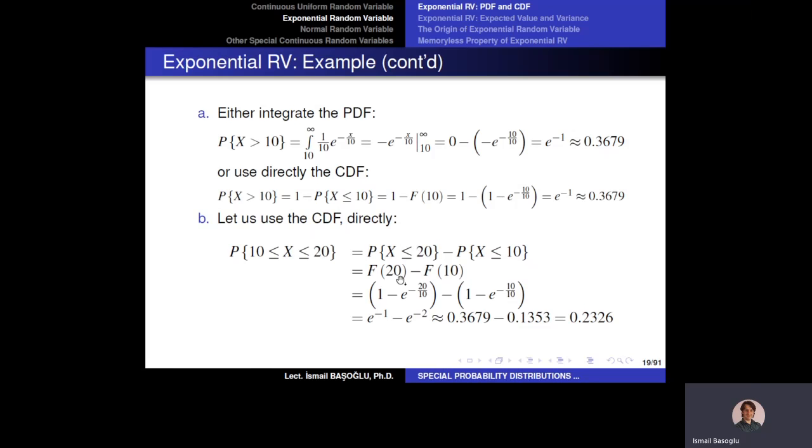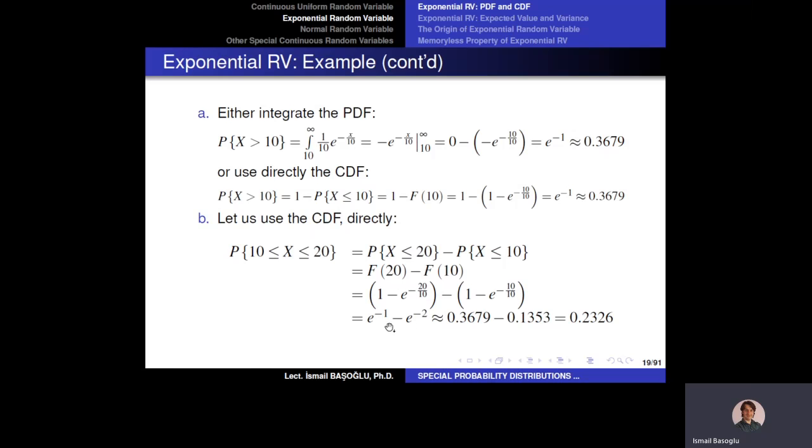So we basically subtract the CDF at 10 from the CDF at 20. And the CDF at 20 is again computed by 1 minus e to the power minus lambda x, where lambda is 1 over 10 and x is 20 here. And here x is 10.